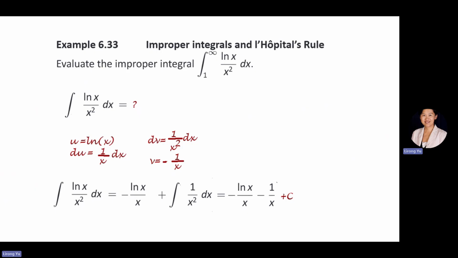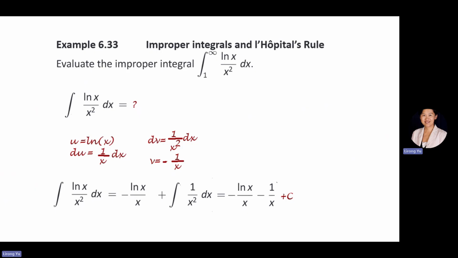I'm using integration by parts. LIATE: L is logarithm, I is inverse trig, A is algebra, T is trigonometry, E is exponential. This is a logarithm, and the logarithm should be your u. LIATE is the choice of your u. So if you have a logarithm, you let u equal the logarithm.